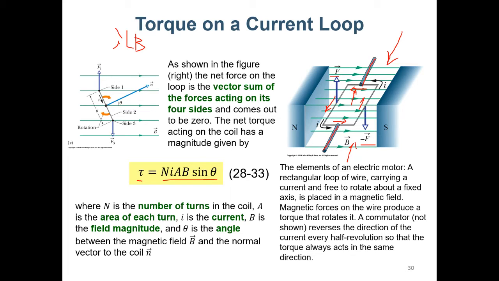So x times L is A, so we have I A B sine theta. And suppose we have more than one loop, then this force will be N times larger. So we can multiply by N. So we have NIAB sine theta.